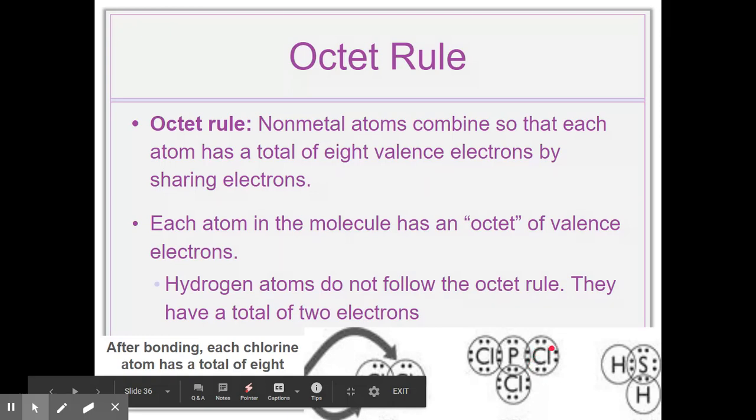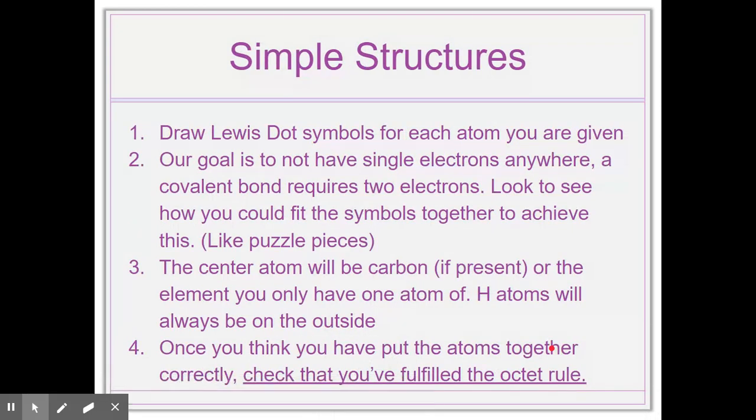Just like I did for the symbols, I'm going to give you a little path to follow. The first thing you want to do is make sure you draw the symbols for each atom you are given. The reason I was so strict, and mentioned so many times that you didn't want single electrons, is that our goal when we bond these is not to have any single electrons anywhere.